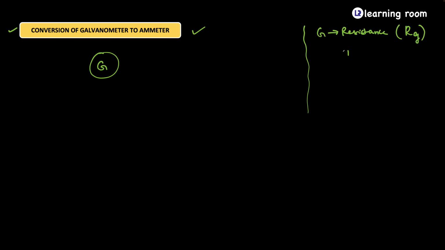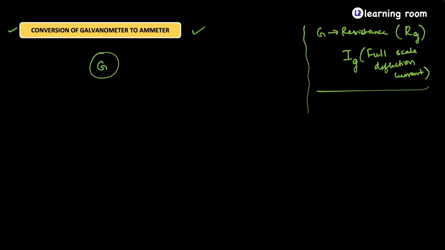I will call the current through the galvanometer IG, which is called the full scale deflection current. The meaning of full scale deflection current is, I have a full scale of 30 divisions here. It means if I pass a certain amount of current, my pointer should go till 30. So that's what you call the full scale deflection current. This is about the galvanometer.